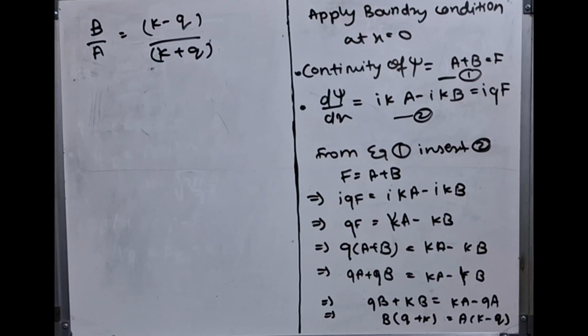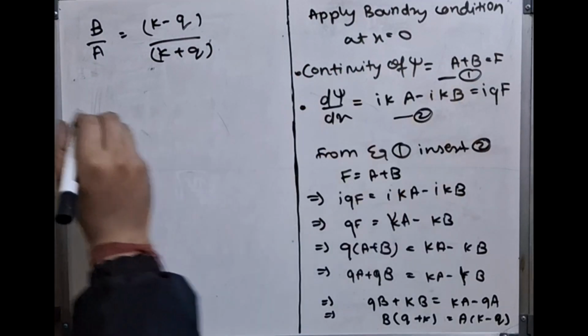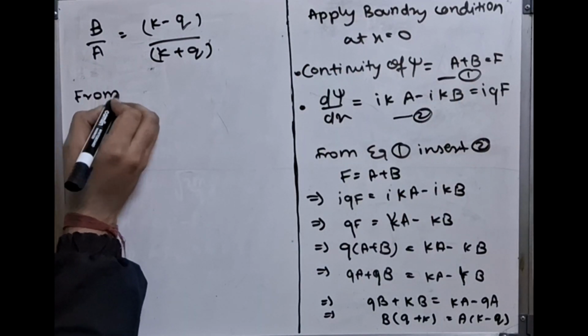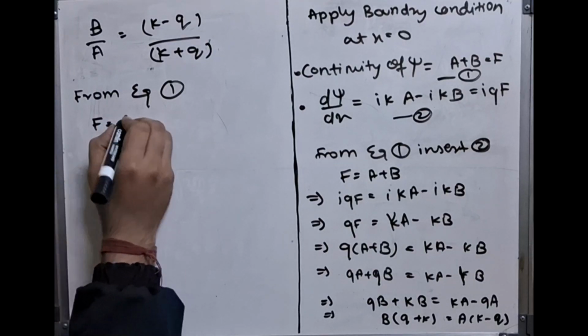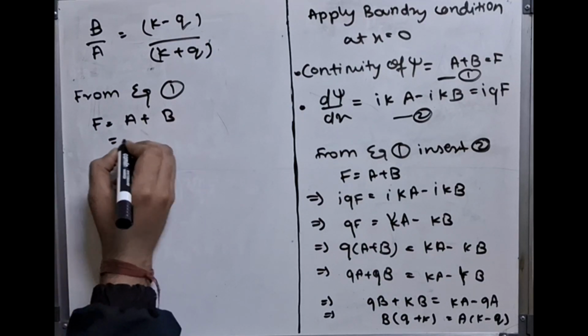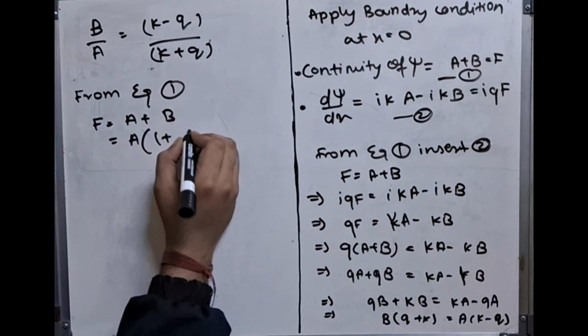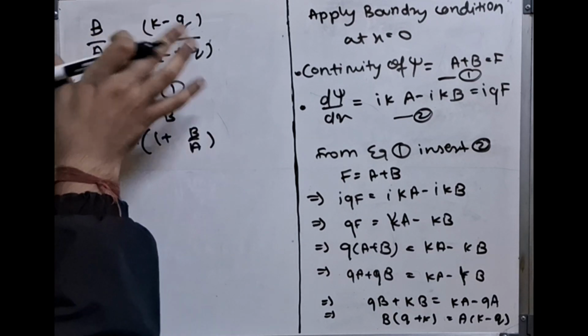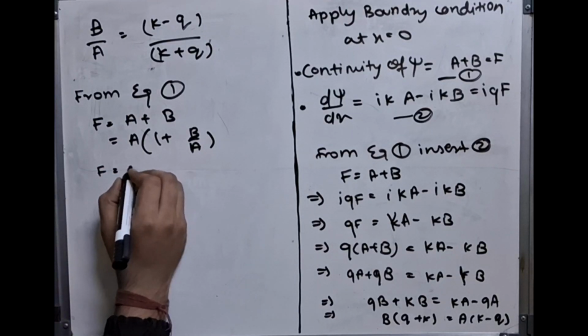We move to the next step, where we will again consider equation 1. From equation 1 we can construct something like this. F is equal to A plus B, where we can take A common. If we take A common, it becomes 1 plus B upon A, and we have already constructed B upon A here, so we'll just put it inside.